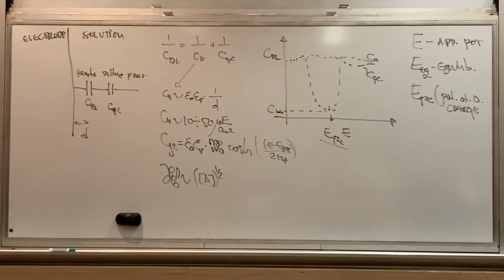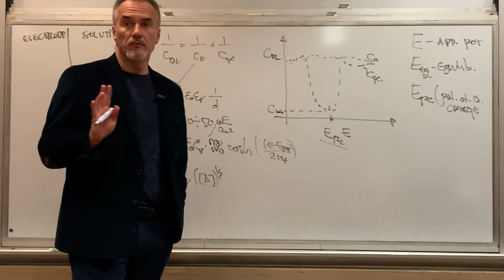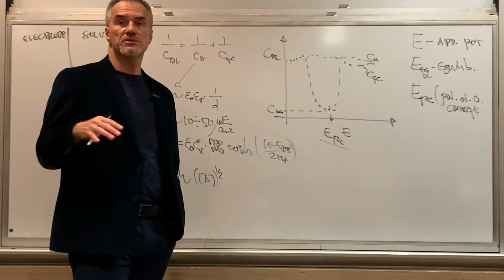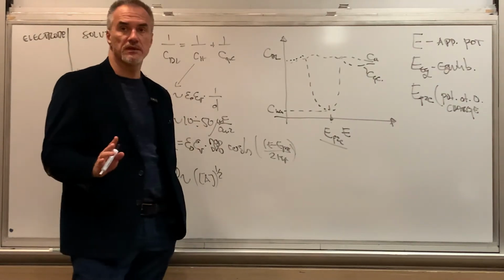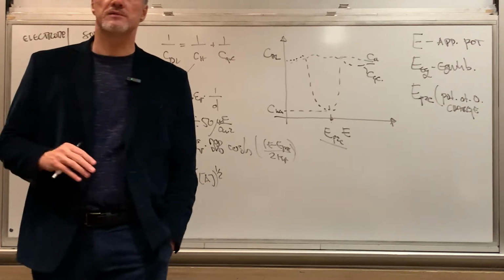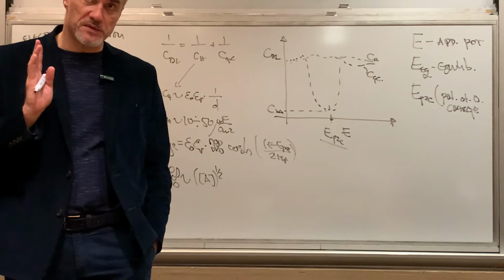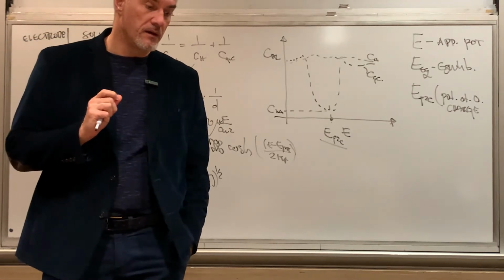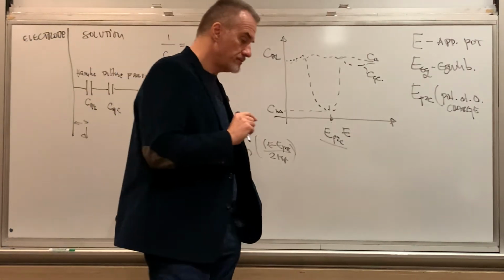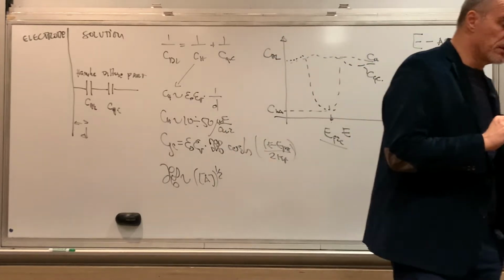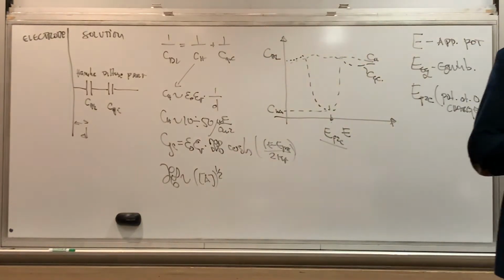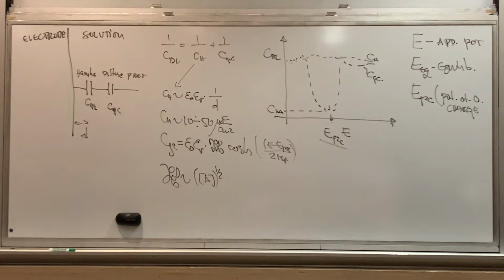Now, for purposes of electrodeposition, what you really have to understand is that we always want to have as conductive an electrolyte as possible. There are some specific applications which we're going to discuss later on, which is bipolar deposition, where we actually want a low conductivity for a particular reason.